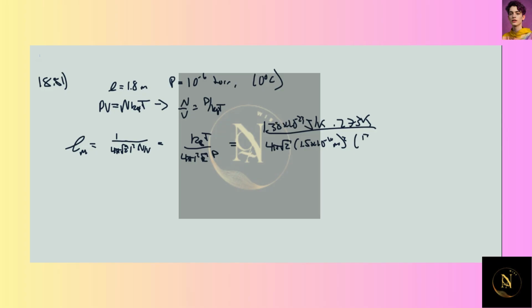And now times 133 pascals per torr to convert this 10 to the negative 6 torr to pascals. Cool. So that's everything. We just got to plug that in our calculator. We should have joules, Kelvin, meters, pascals, everything's in the correct units. So this comes out to being 70.8 meters.